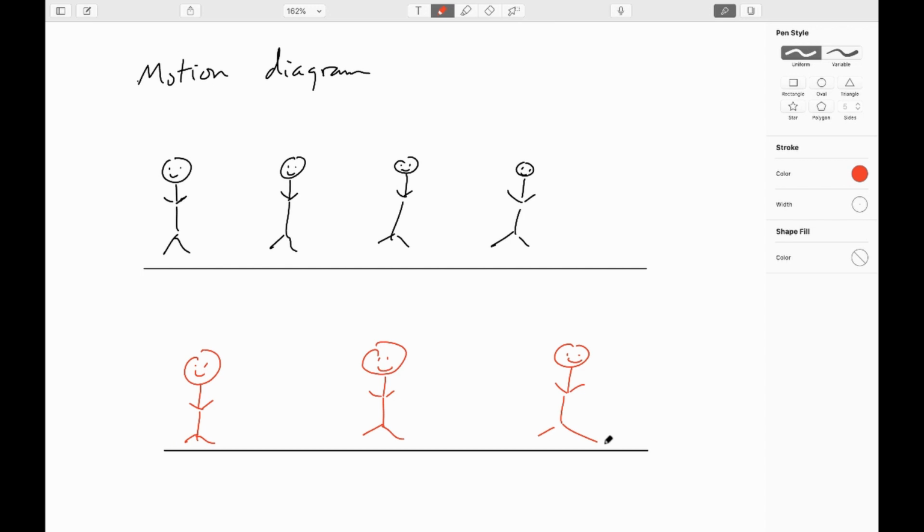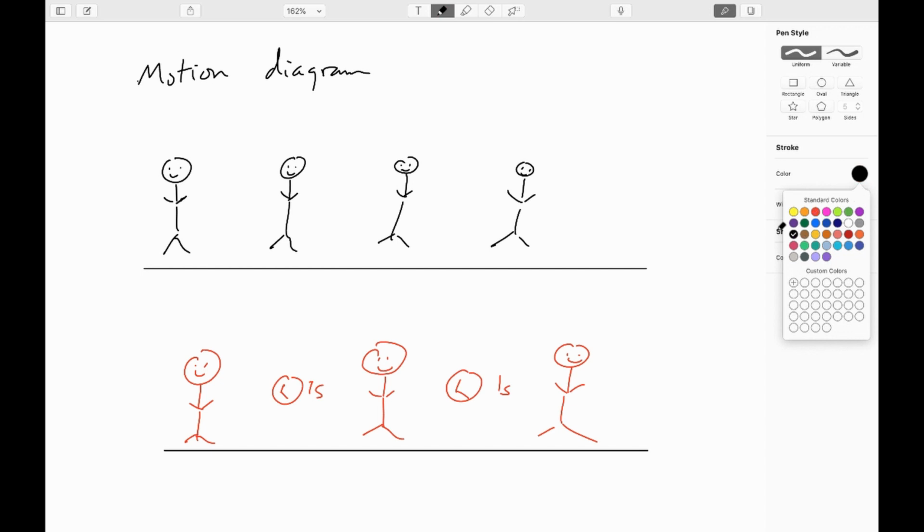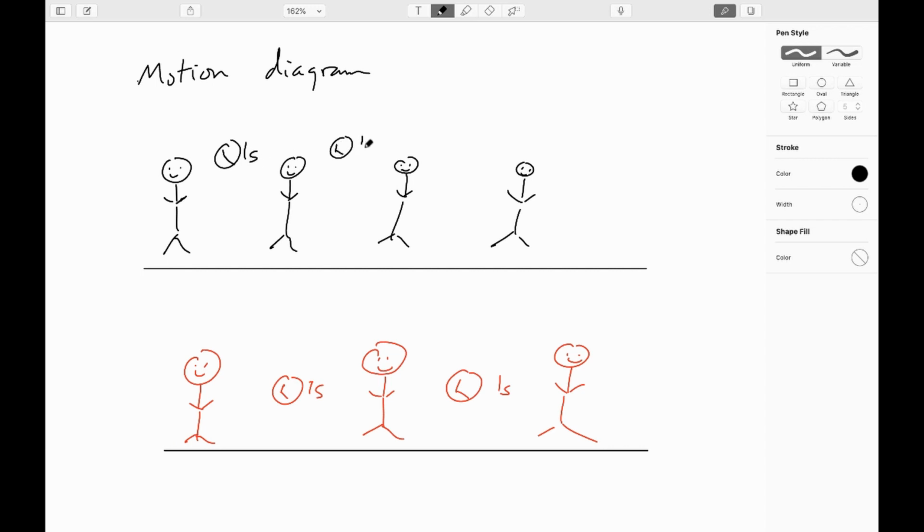Okay, so hopefully we agree that the red person is going faster than you are. And this is because the time between these two pictures here is still 1 second. That's supposed to be a clock face. And just like here, the time between these pictures of you is also 1 second.